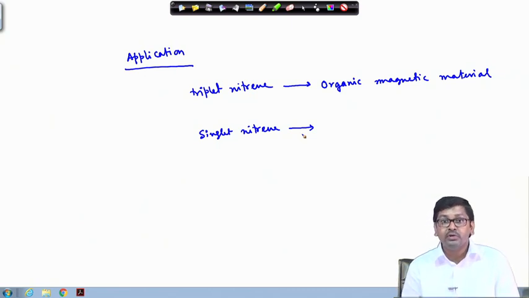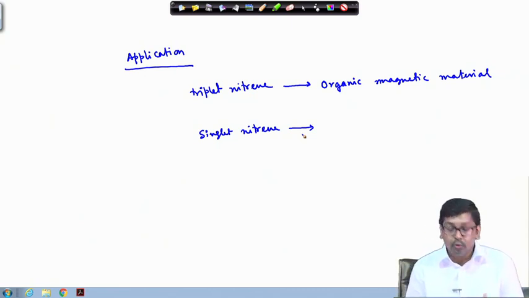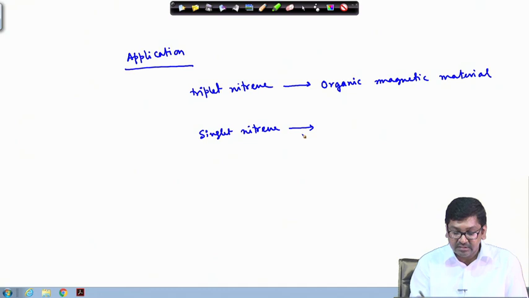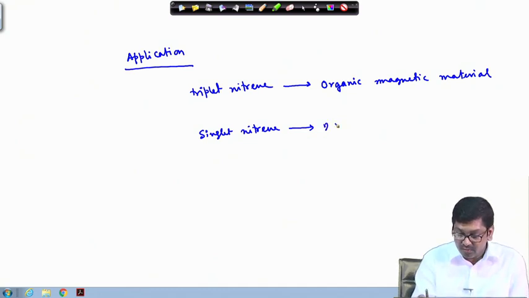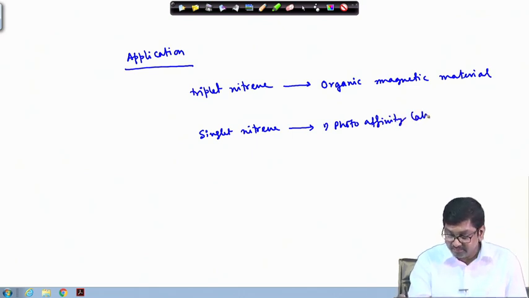So, we can visualize these proteins through various fluorescence spectroscopy, and that way we can use these singlet nitrenes as photoaffinity labeling agents.